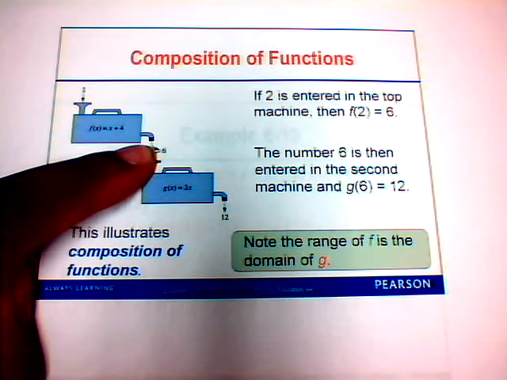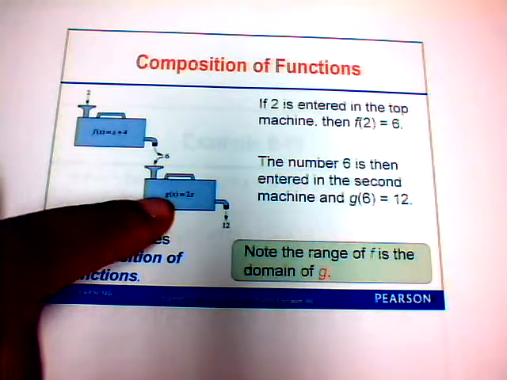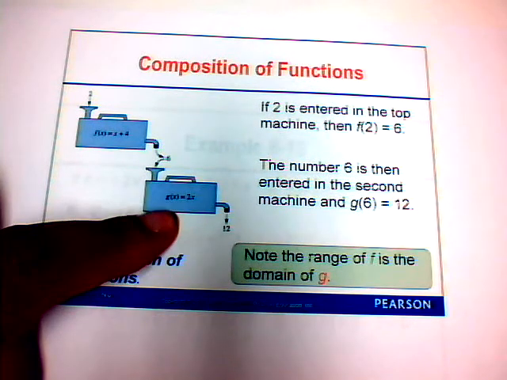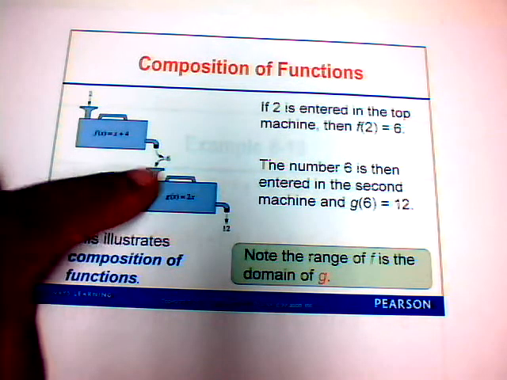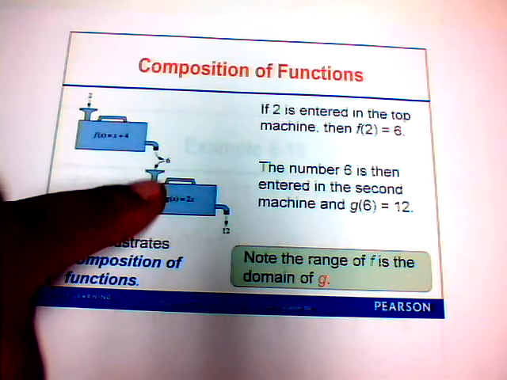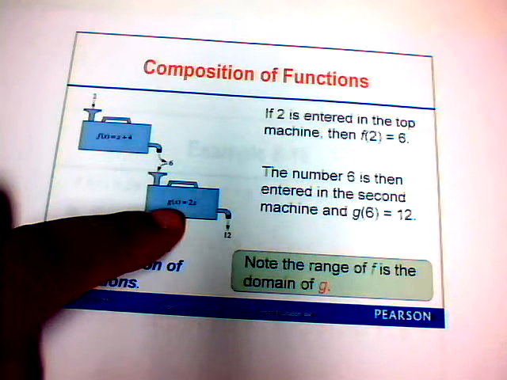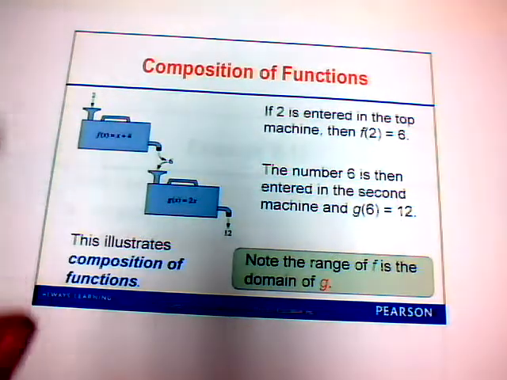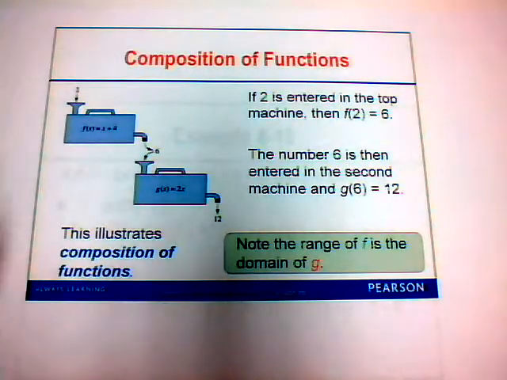And then the number 6 is going to be entered into the second machine, g of x, which is going to be 2 times x. So if this is 6 from the f of x, then we put that value into the g of x function, 2 times 6. That would give us 12. What this function machine does is illustrate what we call the composition of functions.